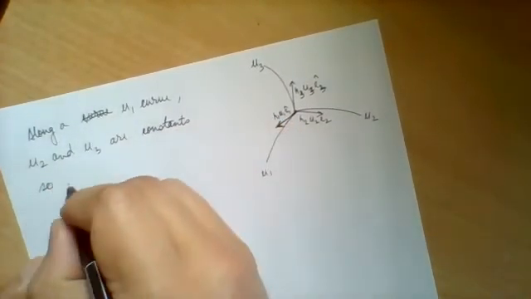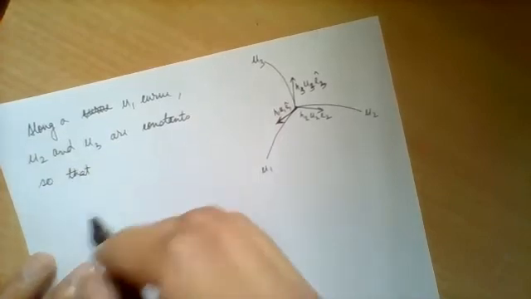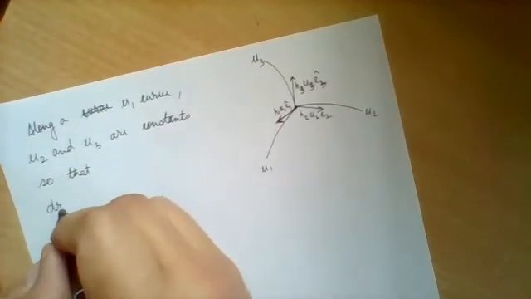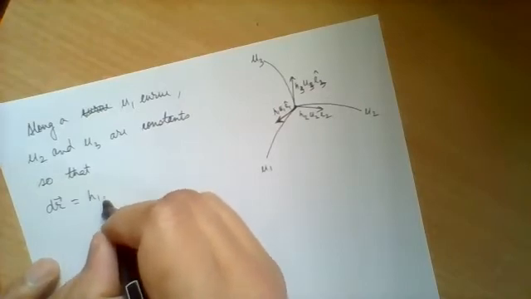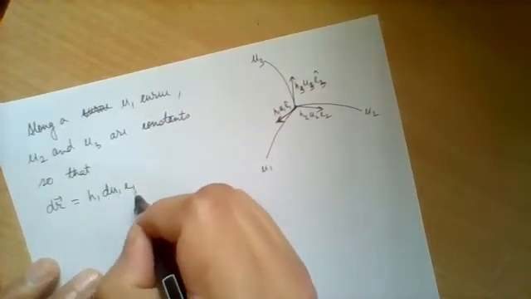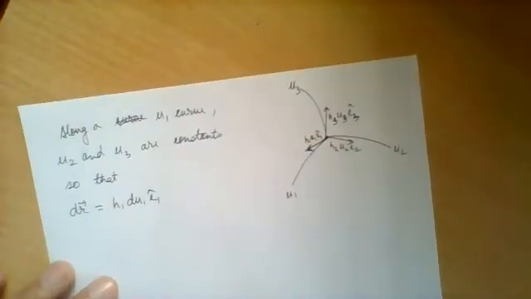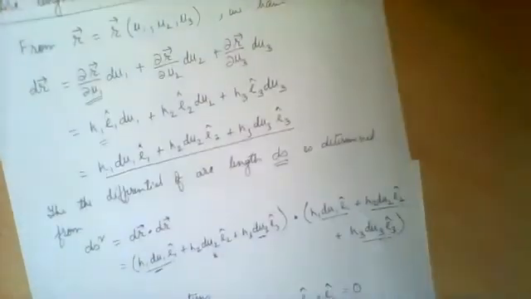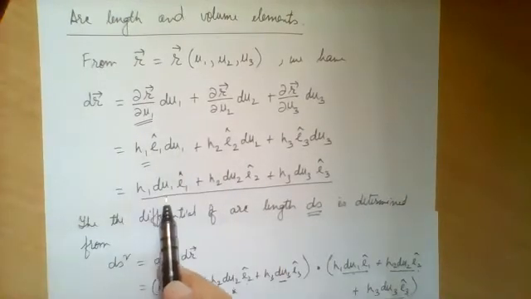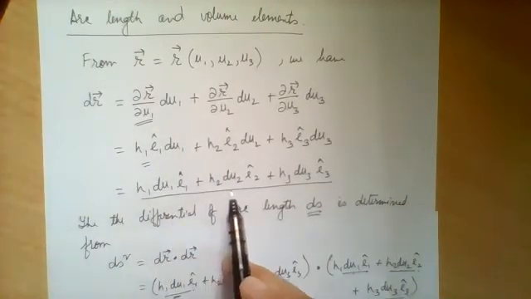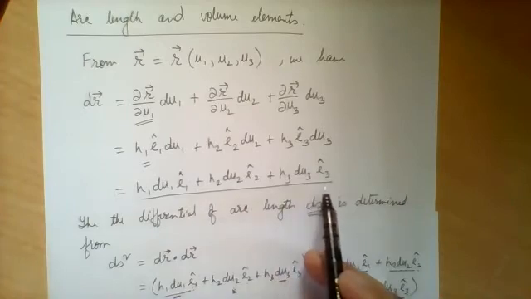So dr is equal to h1 du1 e1 plus h2 du2 e2 plus h3 du3 e3.